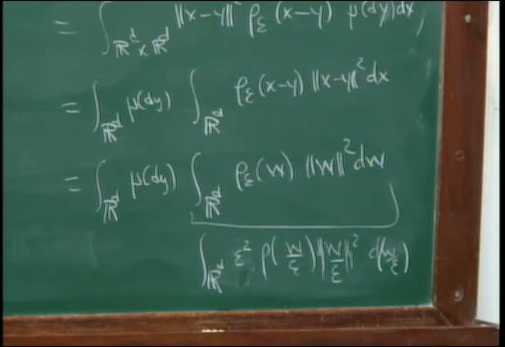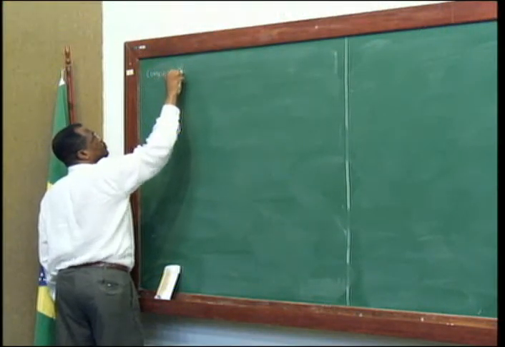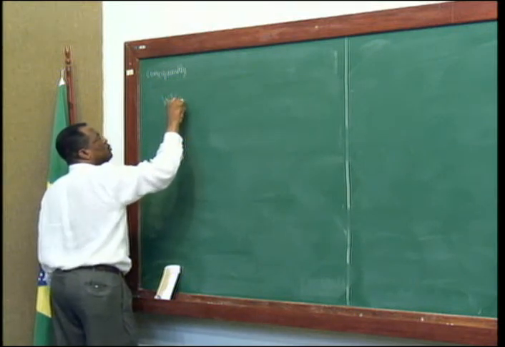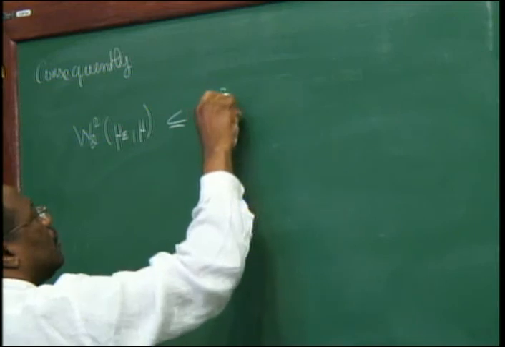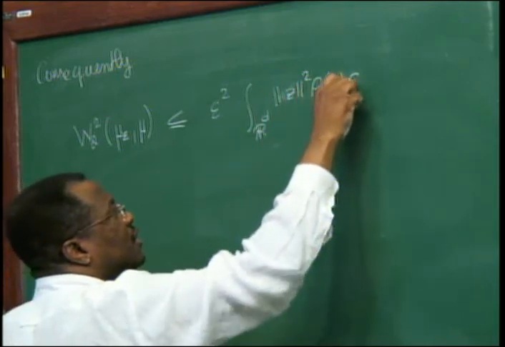So now we have established, consequently, W2 square between mu epsilon and mu is less than epsilon square, the integral over Rd of z square, rho of z dz.